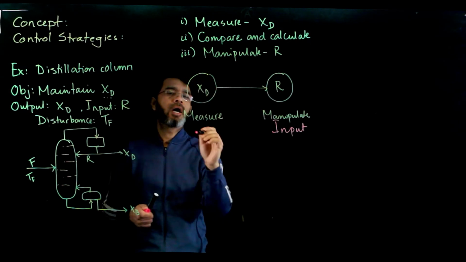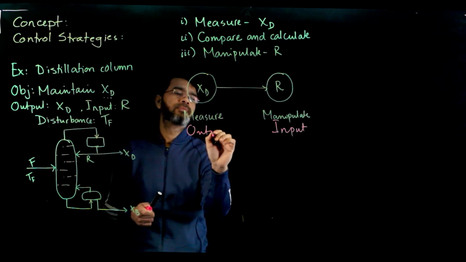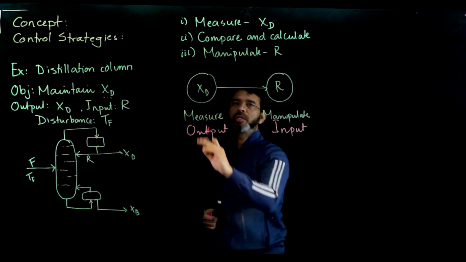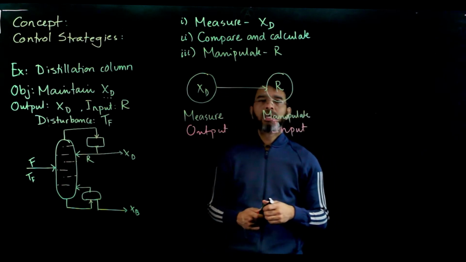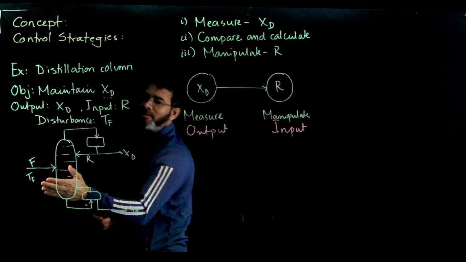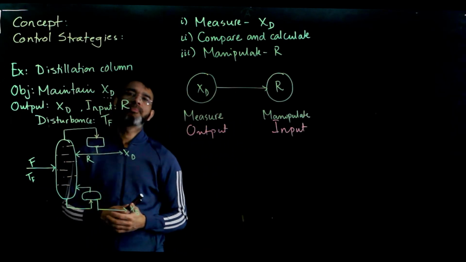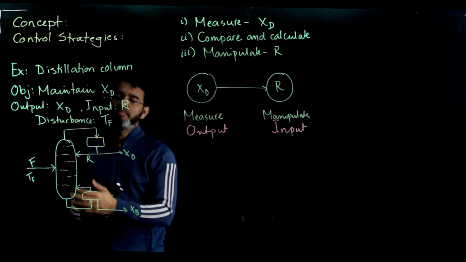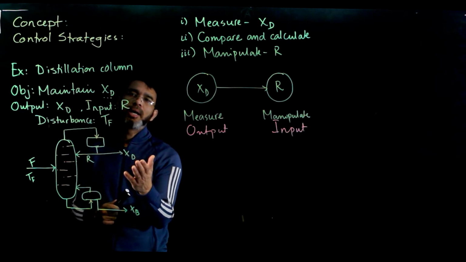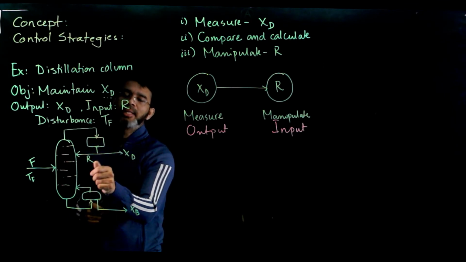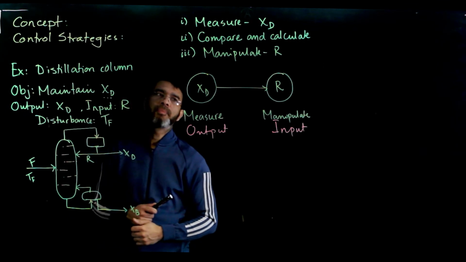So I'm manipulating the input based on the output measurement. But what else can you do? Suppose the feed temperature affects the top composition. If you observe a change in the feed temperature before the top composition changes, you may manipulate the reflux in a way that will give you the desired top composition.